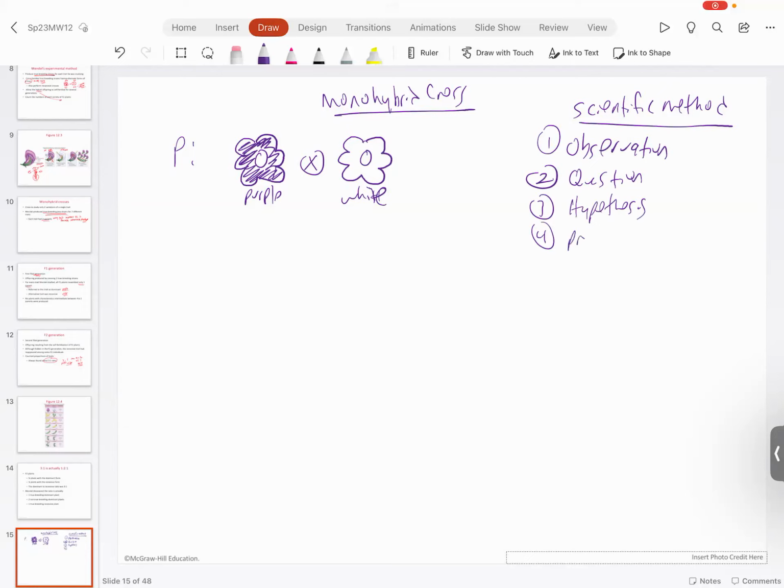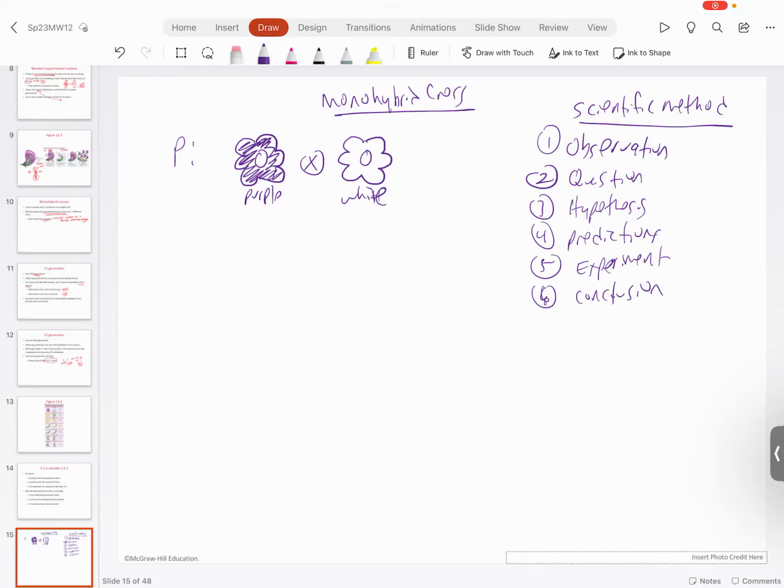Those are your predictions. And then from that, you're going to do an experiment. You're going to collect data. You're going to analyze it. And then you're going to come up with some sort of conclusion. That's your basic 6-step scientific method. Mendel hits on every single one. Most research that we've done in the 20th century hits on maybe a handful of them, but not necessarily all of them.